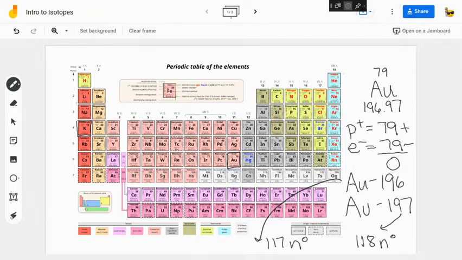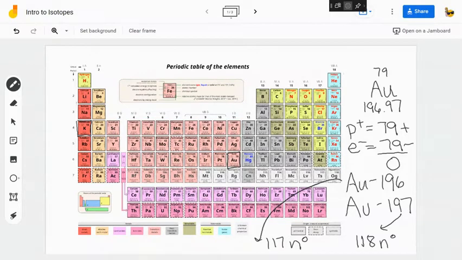That's just the average. So not one single atom of gold has a mass of 196.97. They either have a mass of 196 or 197. Maybe a stray 198. The average atomic mass is 196.97.